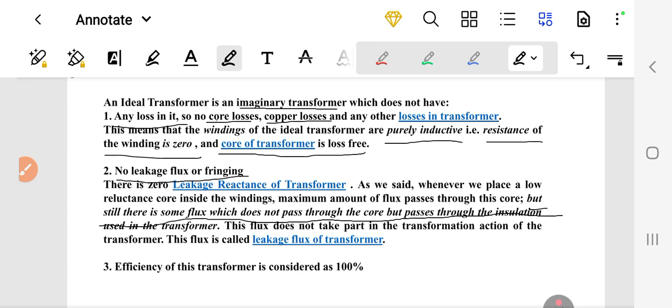We have a part of the flux that can pass through the air, which is the leakage flux. This part of the flux does not take part in the transformation action of the transformer, and is called the leakage flux of the transformer. The efficiency of the transformer is considered as 100% as it has no losses inside it.